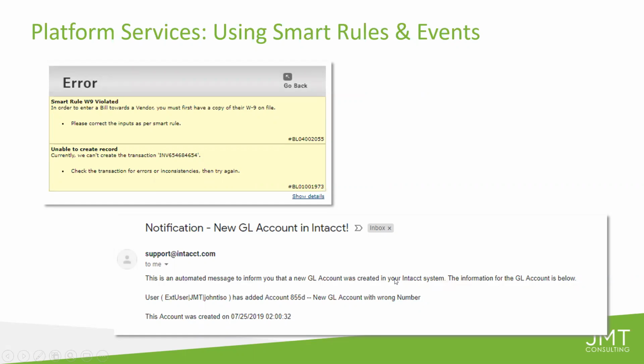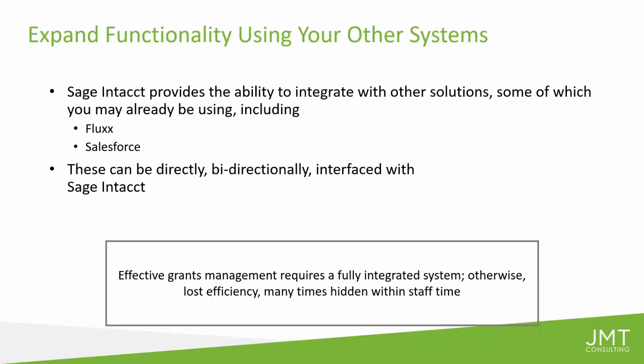So upon something being completed, an event sends out a note to someone, or it alters data in some way that you determine. Okay, so here it's saying a GL account number has been added, and it was looking to make sure that it was all numbers and not some letters. So it's saying that that is an improper format. Okay, you can expand your functionality using other systems.